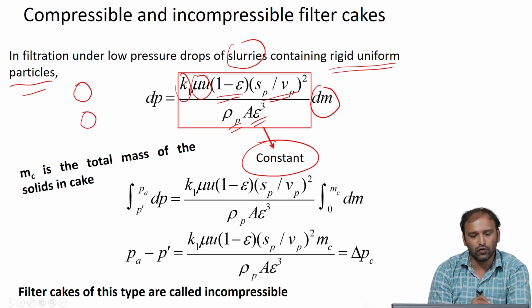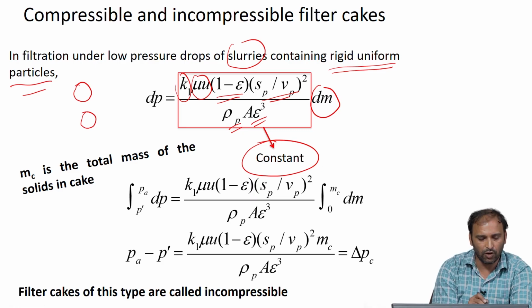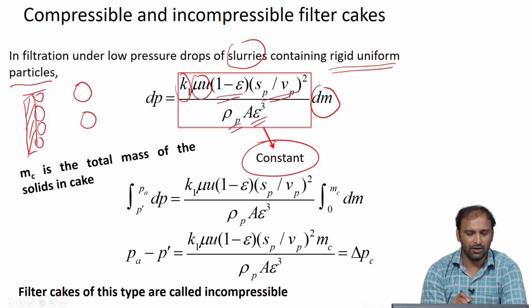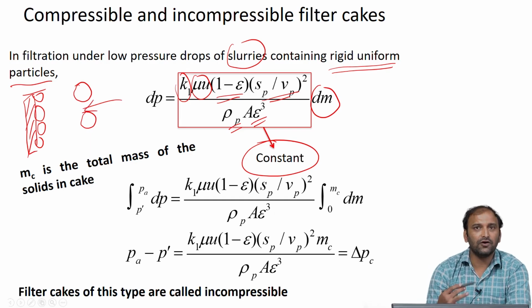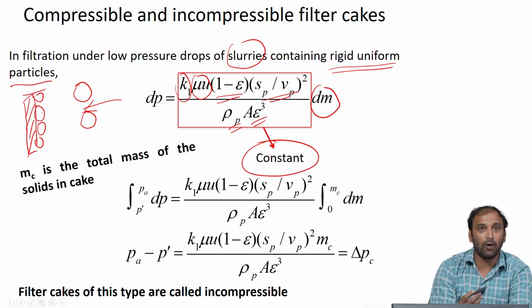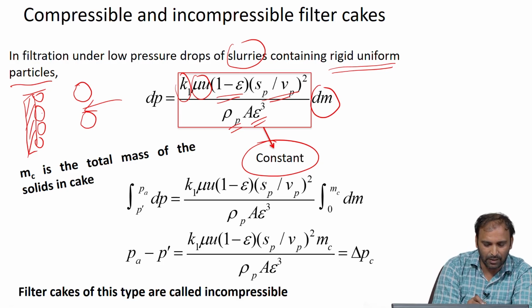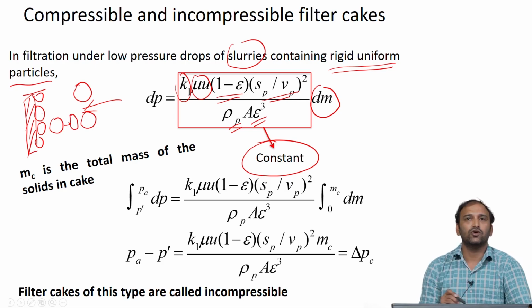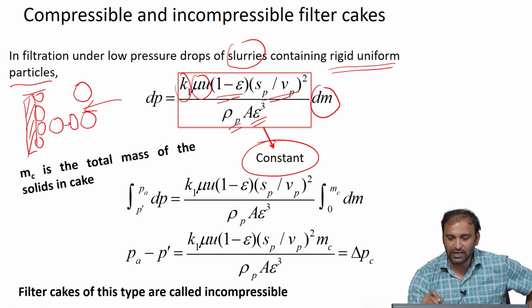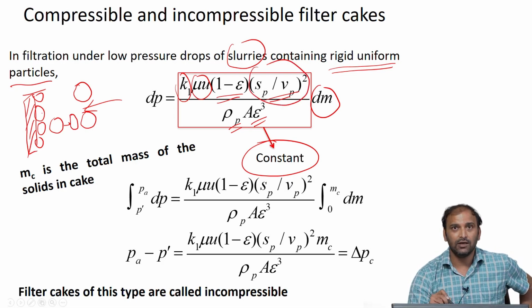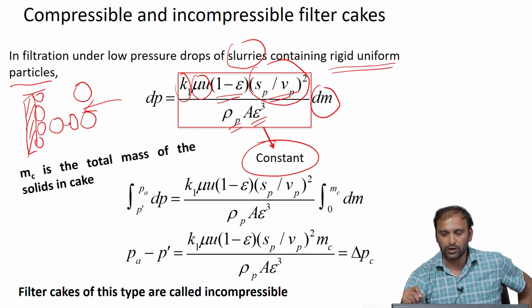As filtration occurs, these droplets deposit onto the filter medium, and when further filtration happens, they could deform. Instead of being perfectly spherical, they could take some other shape. So there could be variation of Sp by Vp, which we may have to worry about if the particles are not rigid.